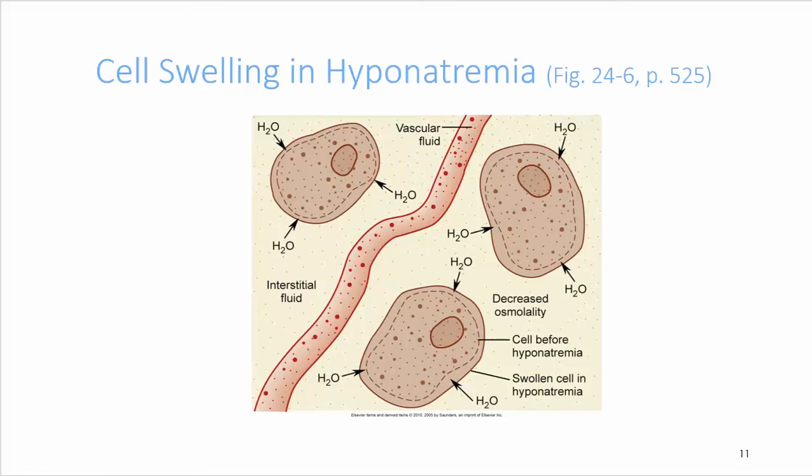It's when there's too much ADH released, and so antidiuretic hormone makes you not pee, so there's too much, and so you're not producing enough urine and you're retaining water. You're still losing sodium in your urine, but you're retaining water. The aquaporins are open. So this is a pituitary gland disorder. It's a primary disorder.